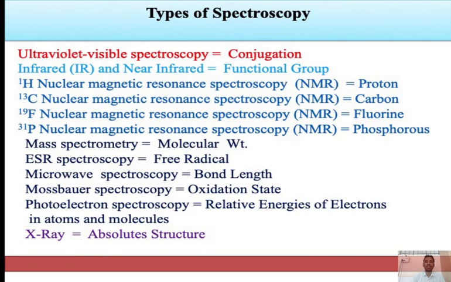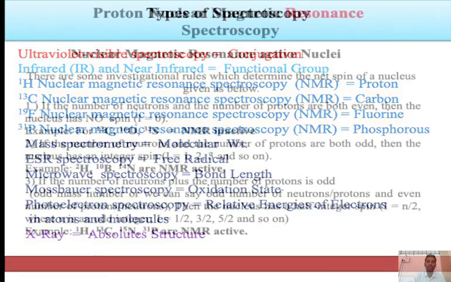Photoelectron spectroscopy gives the relative energies of electrons in atoms or molecules from the core. The last is X-ray spectroscopy, which finds the absolute structure of molecules.